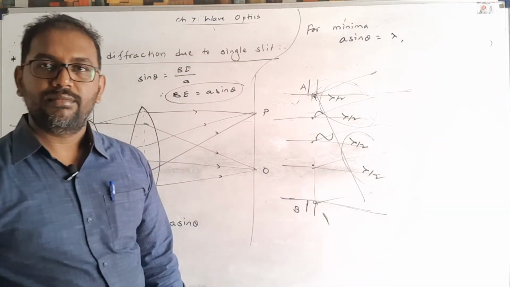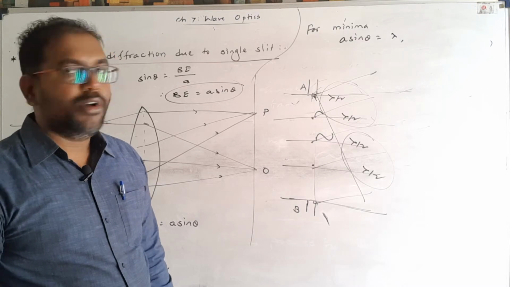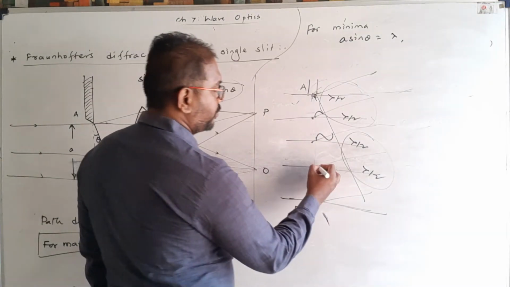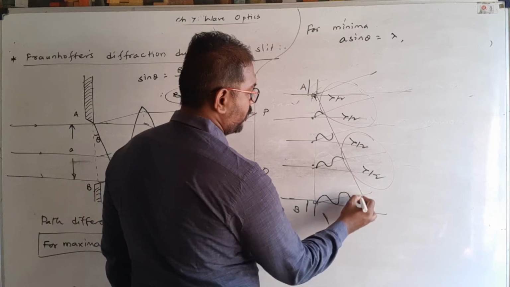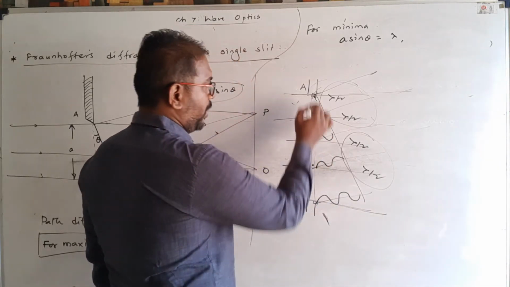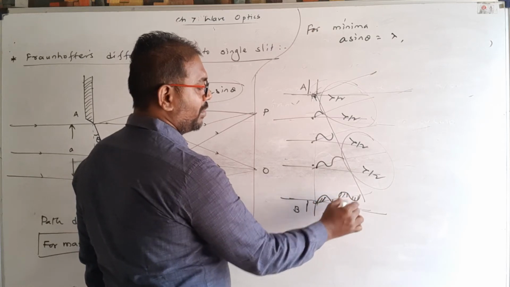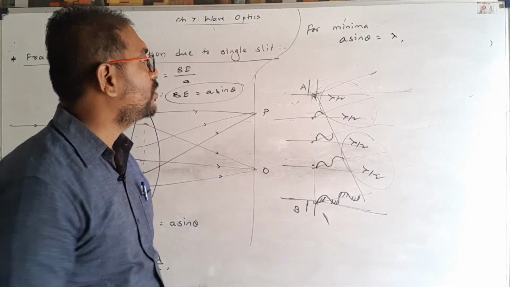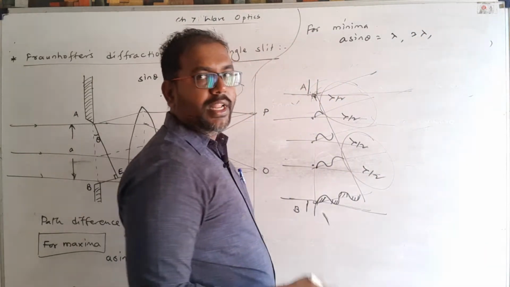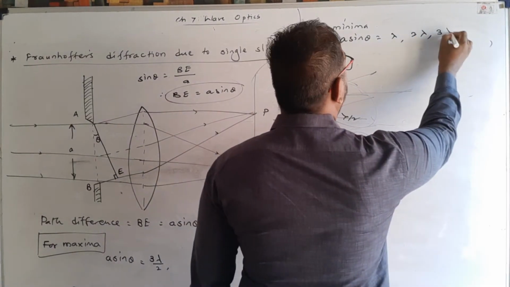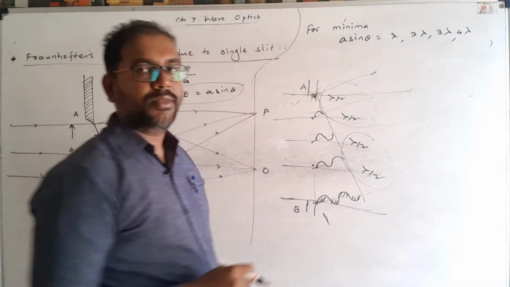We get again a minima point here. The path difference between A and B is lambda by 2, lambda by 2, lambda by 2, lambda by 2. 4 times lambda by 2 means 2 lambda. Next time 3 lambda, we get a minima point, then 4 lambda and so on.